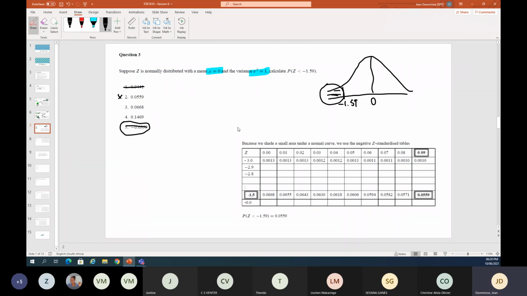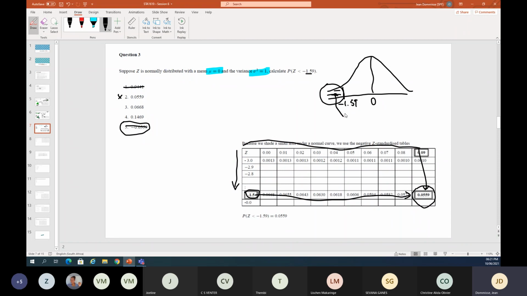So on your negative table, we go down to 1.5. So negative 1.5. And we go across to the 0.09. So where those two cross, we get the answer. And that answer is 0.0559.